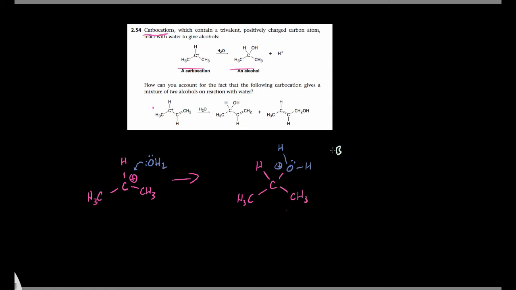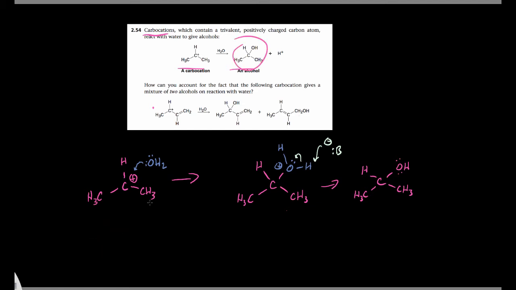Usually in practice, this is something like sodium bicarbonate, and we will draw the curved arrows this way, and that will give us our alcohol. And I'll put the alcohol here. CH3, CH3.